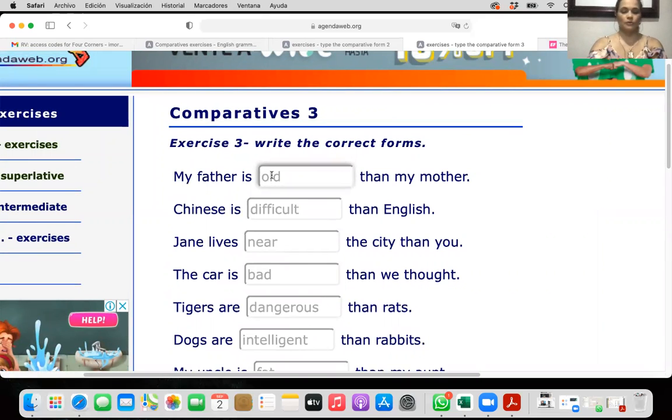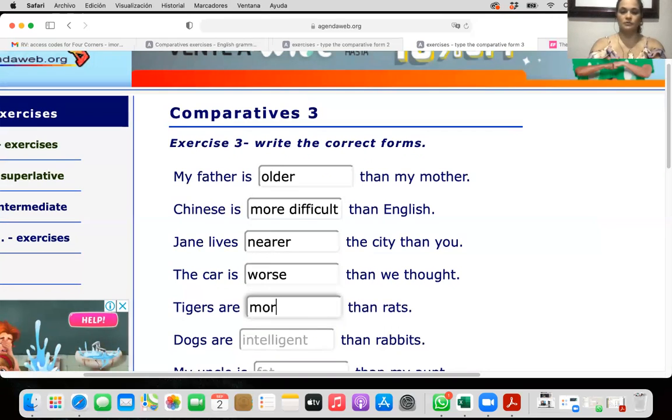Old, monosyllable, older. Difficult, more difficult. Near, nearer. Bad, irregular, worse.